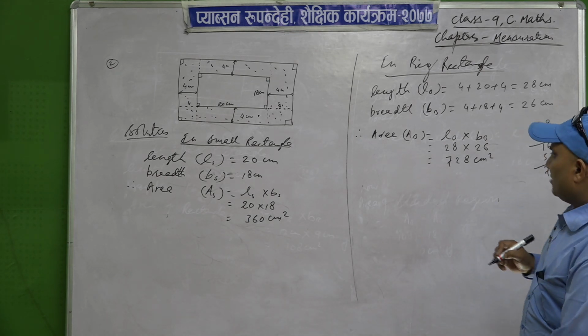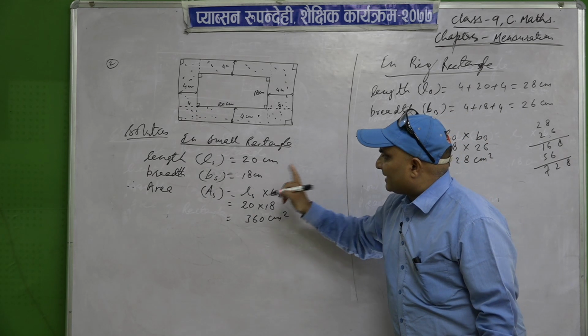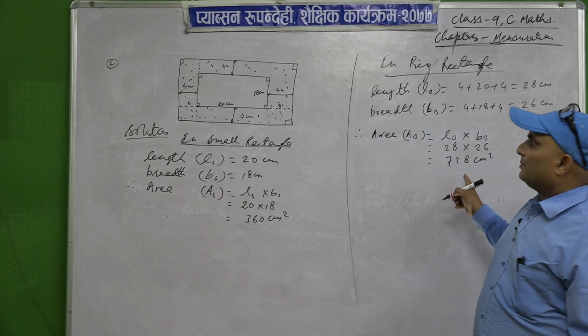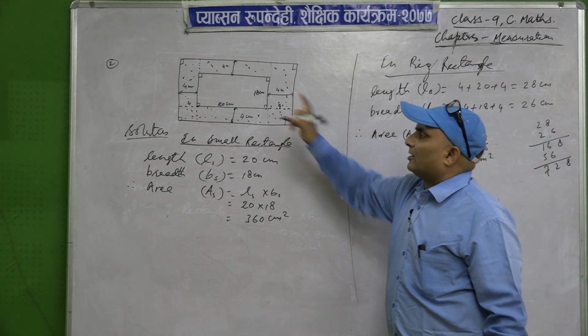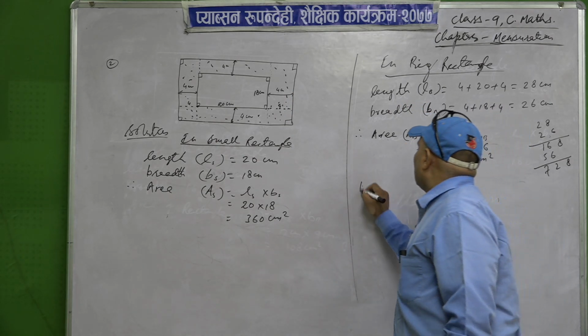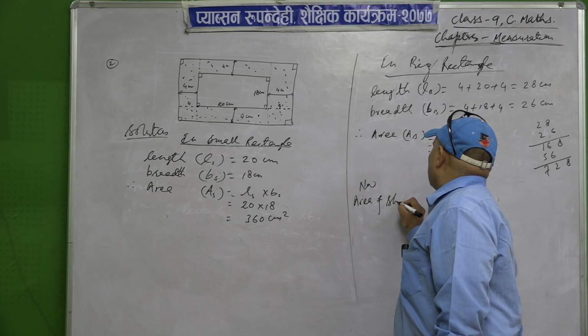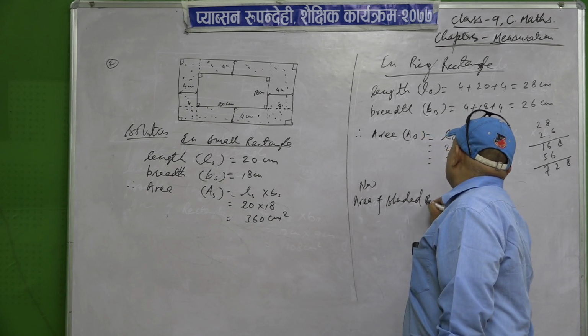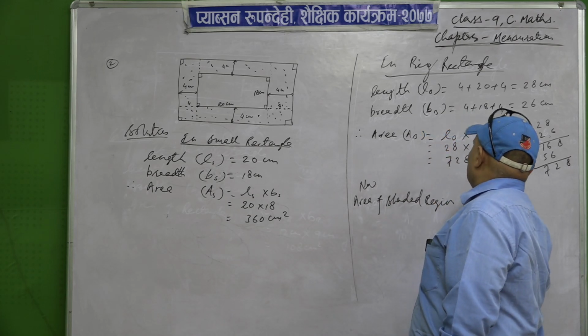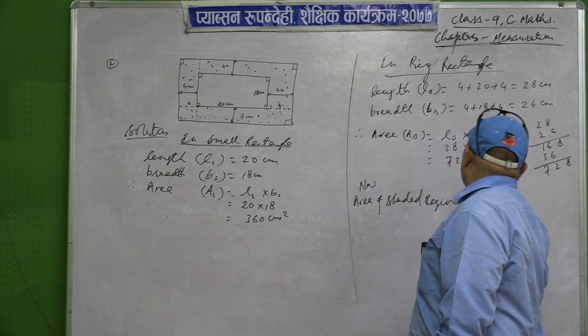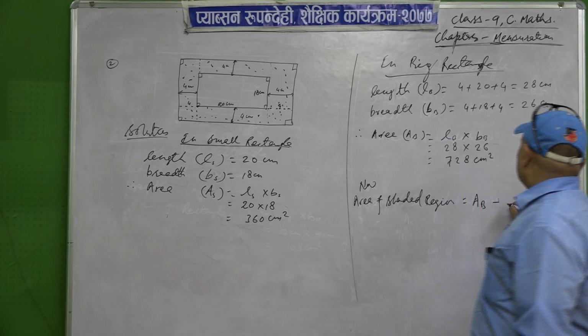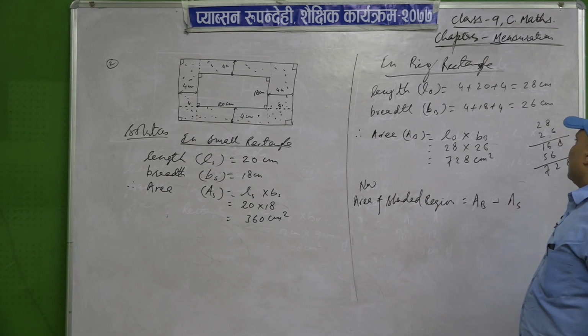Okay. Now, if we subtract the area of the small rectangle from the area of the big rectangle, we get the area of the shaded region. Area of shaded region is equal to area of big rectangle minus area of small rectangle.